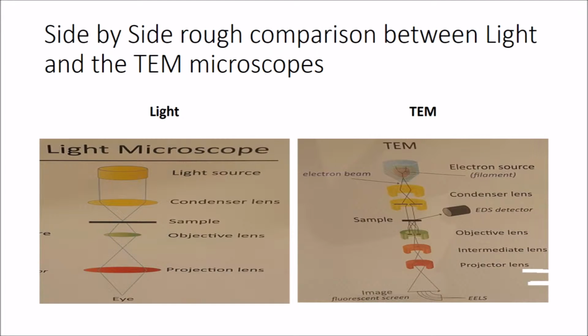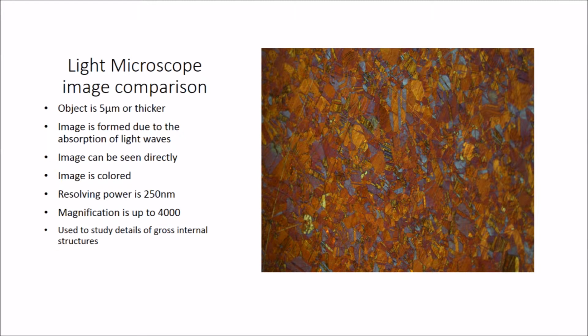These two pictures were also taken at the same display at the Physical Science Building B Wing, Arizona State University, and is a side-by-side rough comparison of the construction of a light and the TEM microscope. You can see how similar they are, as they all have roughly the same construction. The image to the right is a picture taken from a light microscope that we had used during a previous lab.